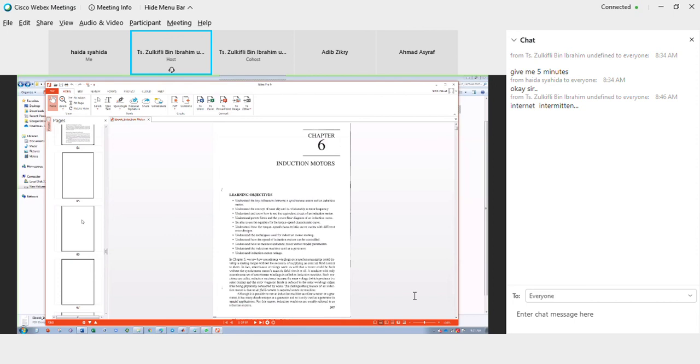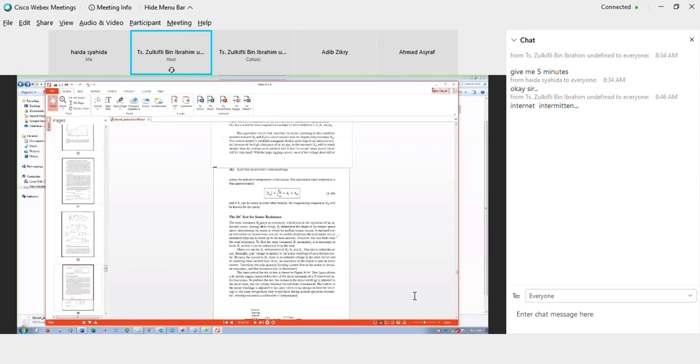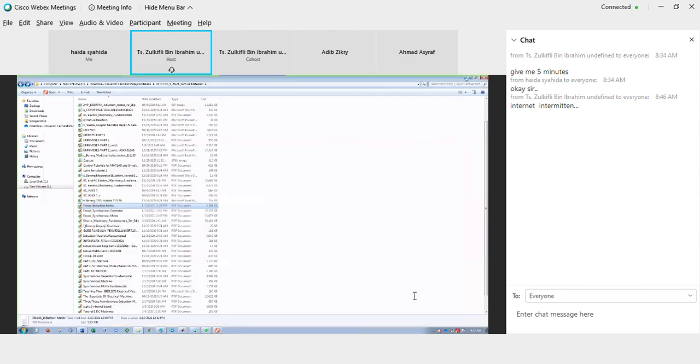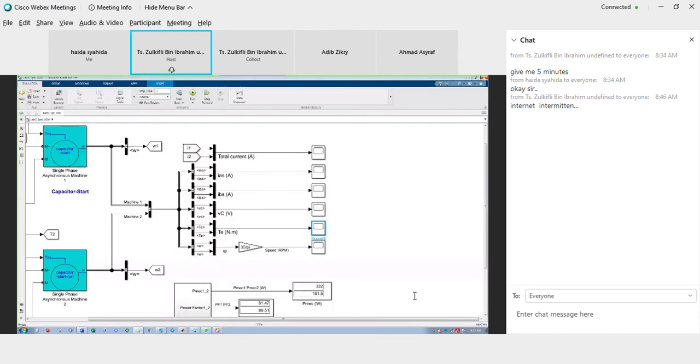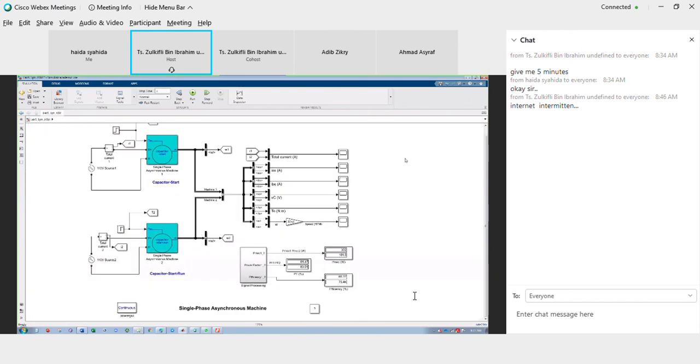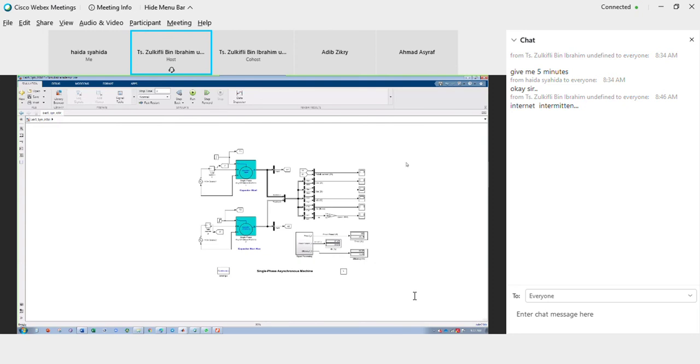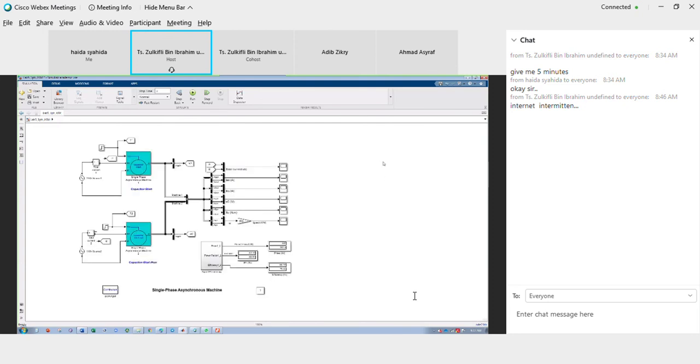Saya baca dulu. Saya akan terus dekat this one. This one saja.